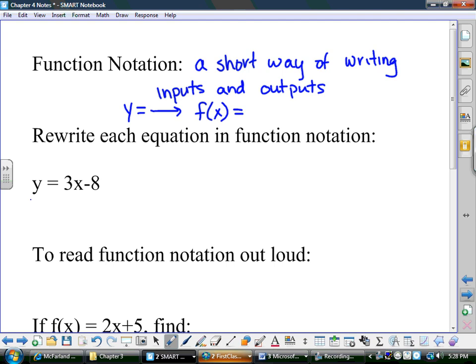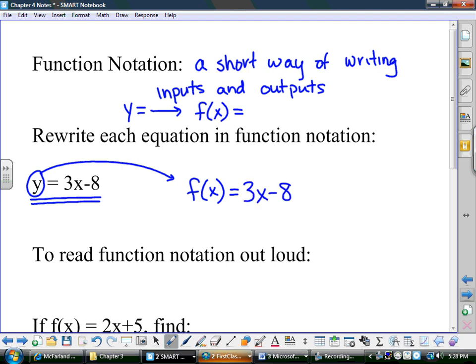So we could rewrite this equation, y equals 3x minus 8, in function notation by just changing the part where it says y. Instead of saying y equals, we're going to say f of x equals. The other side of the equation stays the same. F of x equals 3x minus 8.